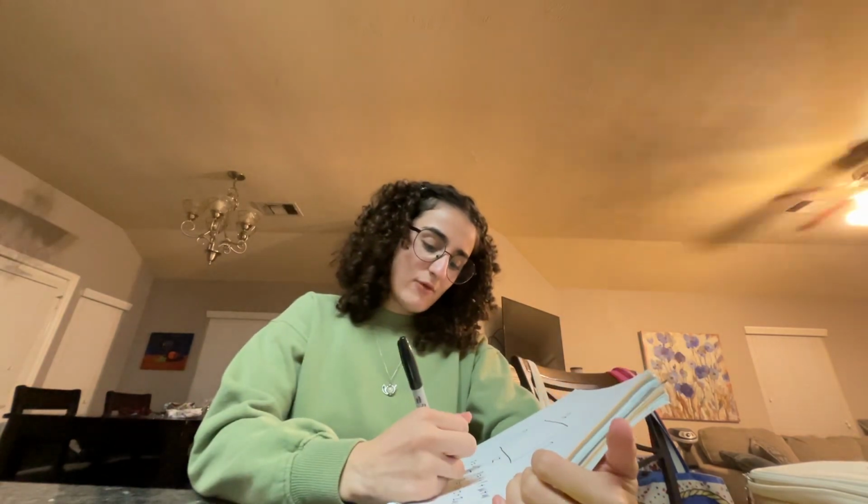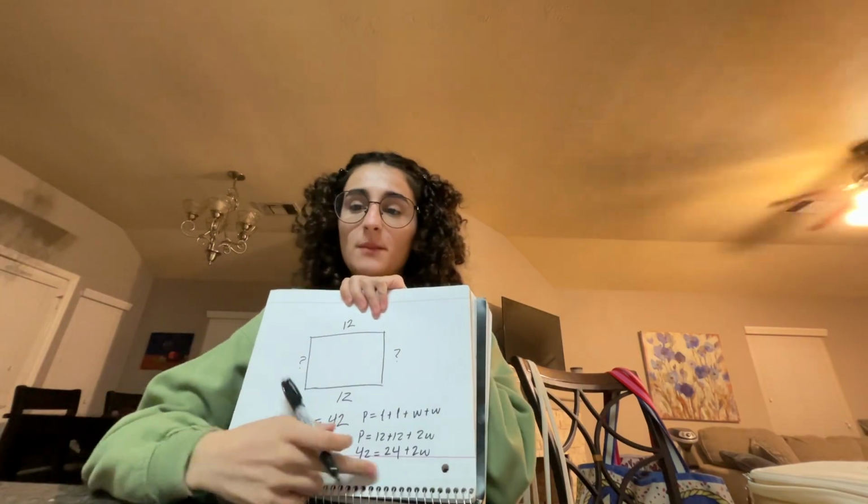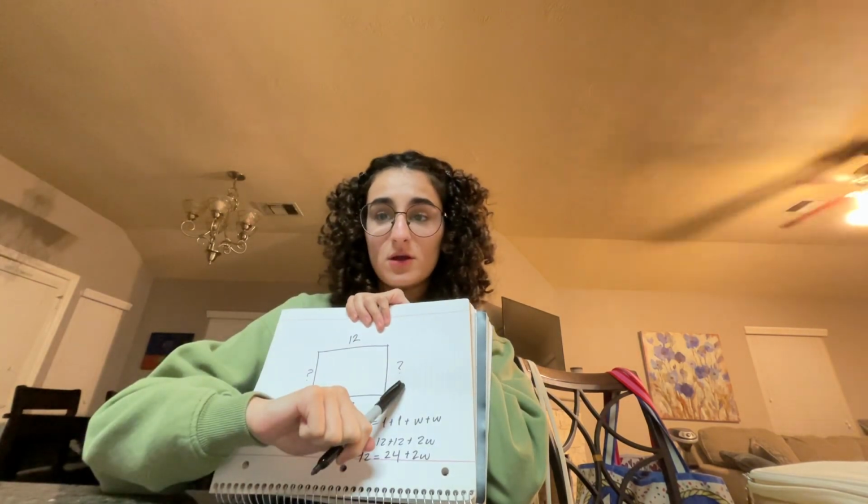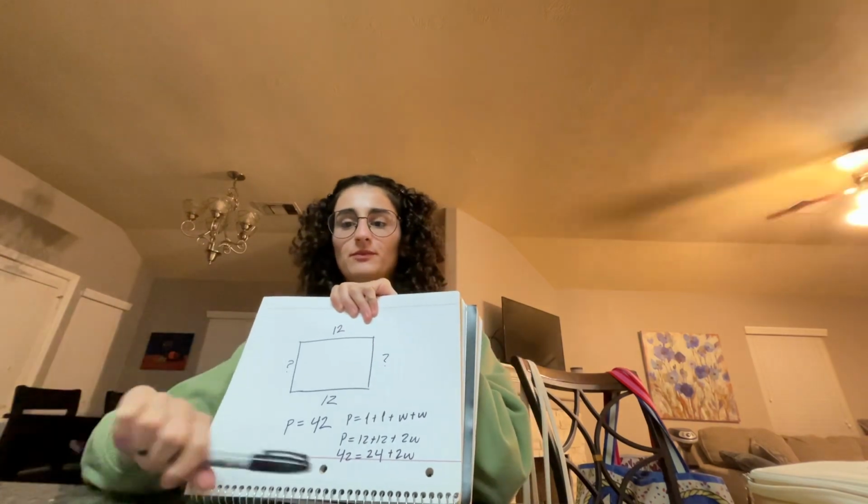So everybody, what does 12 plus 12 equal? What's 12 times 2? 24, right? So we know 24 plus these two right here equals 42. So how are we going to figure out the width? If we know 24 plus this equals 42, how are we going to find just that part in the middle?